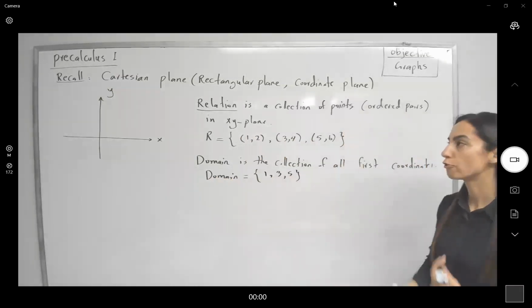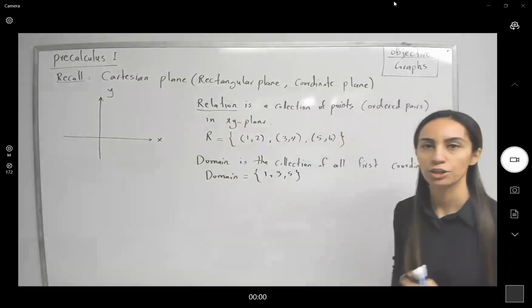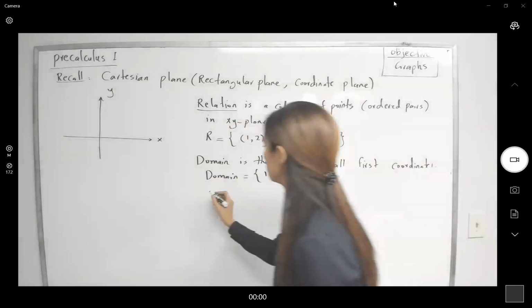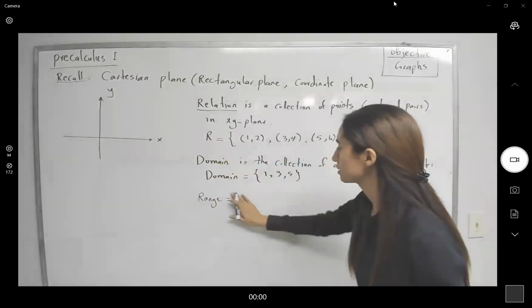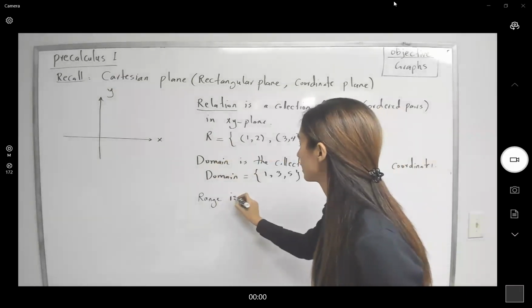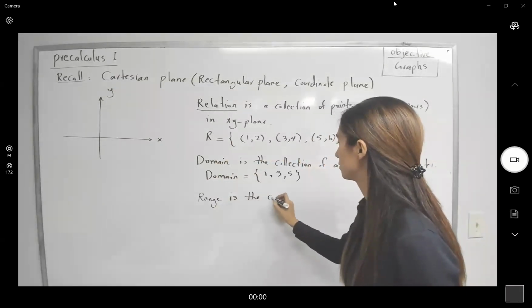And also for any relation, you can define the range of that relation. The range of that relation is the set of all second coordinates.